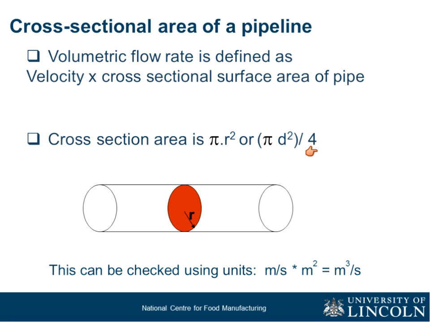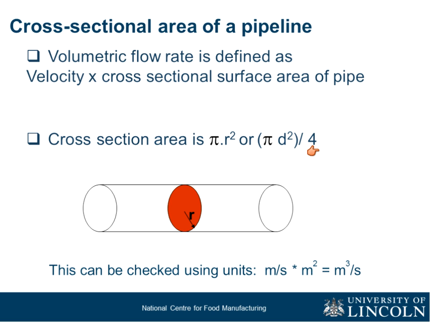You can see they are the same thing. It doesn't really matter. Use any that you are comfortable with, you will get the same answer. But do not forget, when you are using this, to take your 4 along. Do not leave your 4 behind. It is not pi d square. It is pi d square over 4.